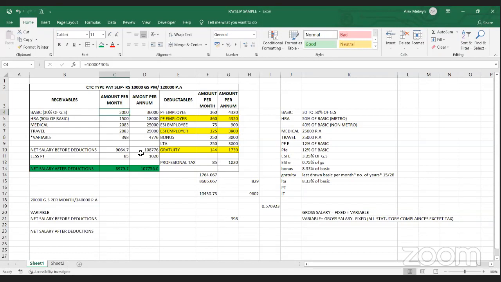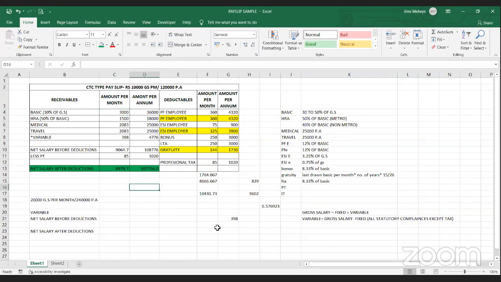I have not found the variable pay. Okay. You just have to subtract this total from 20,000. Whatever remains will be your variable pay. So you have put basic as 30% or 40%? 30%, sir. Okay. Thank you, sir.